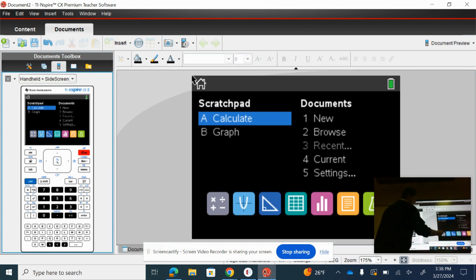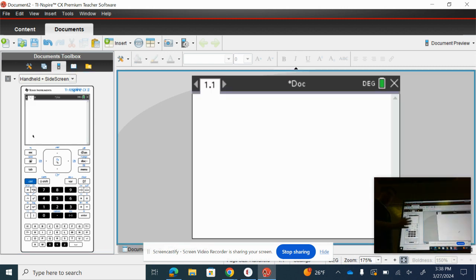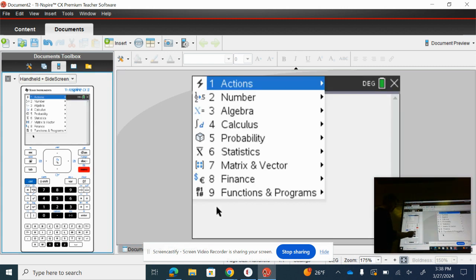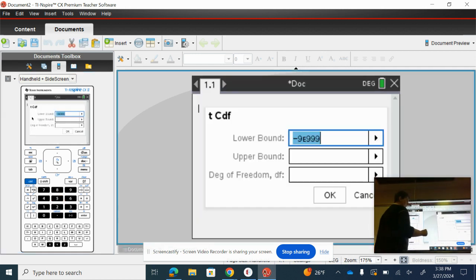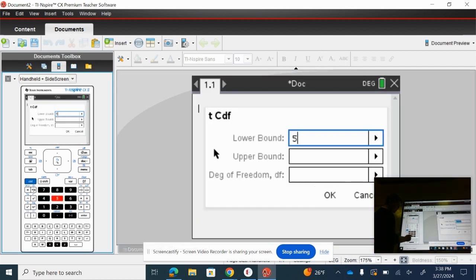Okay, so we'll get a calculator page. Now, depending on if you're using the TI-84, that's another thing. But if you're using this one, you're going menu 6.5. We got to get TCDF. So if you're using the 84, you got to find the TCDF. And we got our lower bound of 5.29. Our upper bound is 999.